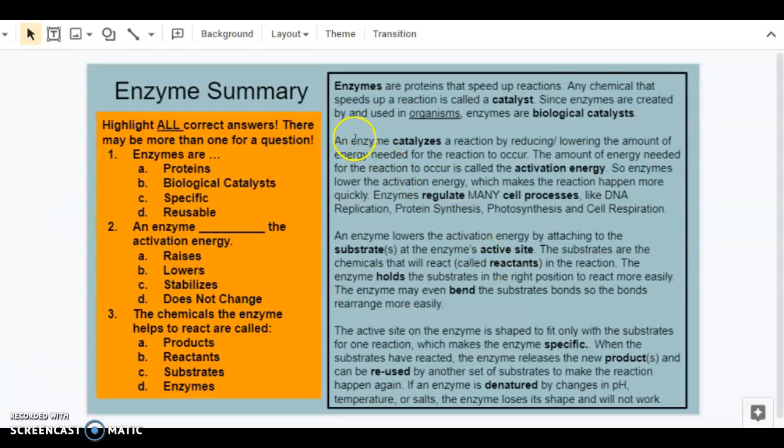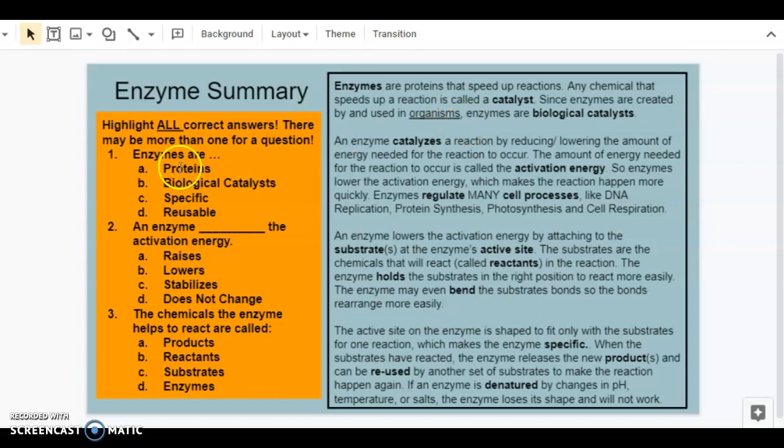On this slide, you have some reading that summarizes all we've learned about enzymes and some questions that follow. Enzymes are proteins that speed up reactions. Any chemical that speeds up a reaction is called a catalyst. Since enzymes are created by and used in organisms, these are living things, enzymes are biological catalysts.